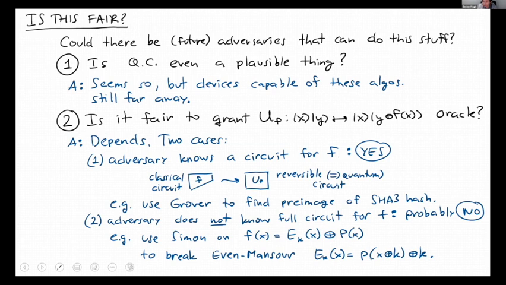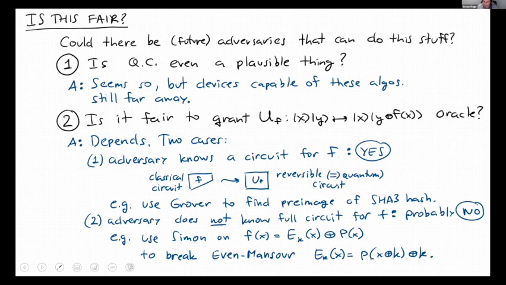Then if you have access to the quantum oracle, you can run key recovery and compute the key. So maybe that's a case where access to this UF was unfair. The takeaway is that one should think carefully about whether adversaries should get that kind of access in their particular application.